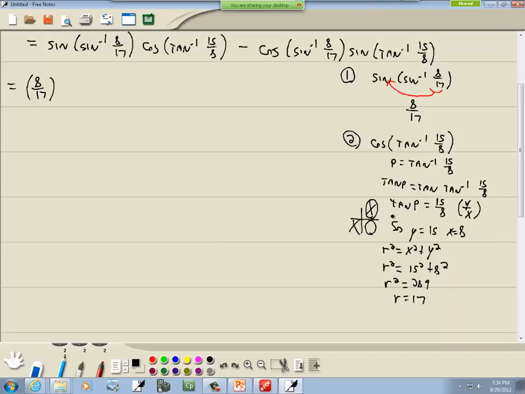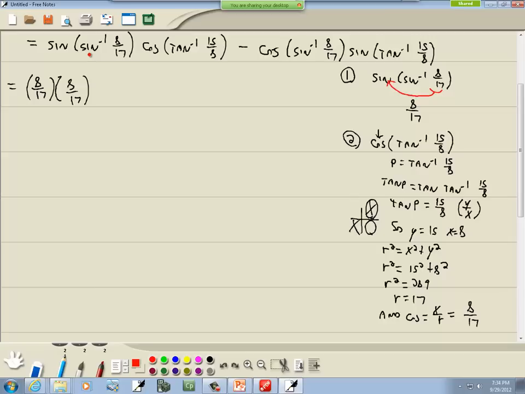Okay, so now after we found x, y, and r, we want to find our outer trig function. This one right here. And cosine is equal to x over r, and x we said was 8, and r we said was 17. Which means that this part will be 8 over 17.